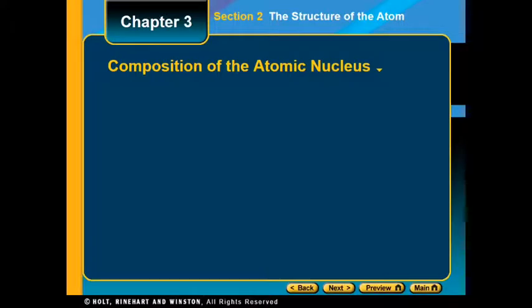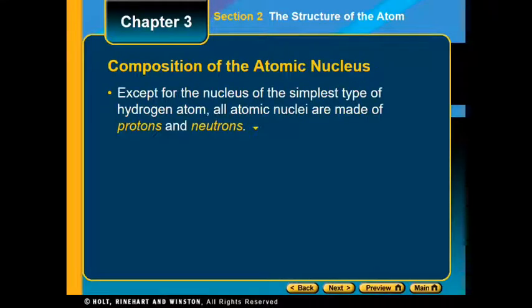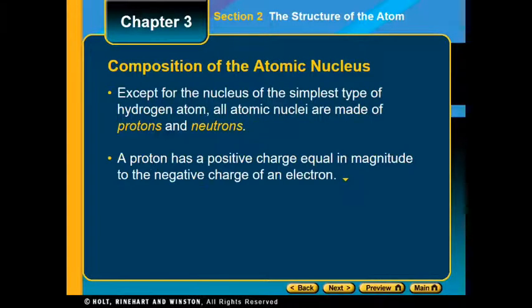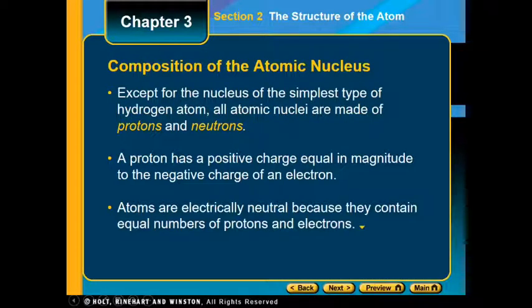So let's look at the composition of the nucleus. It says, except for the nucleus of the smallest type, which is a hydrogen atom only having just the one proton, all atomic nuclei are made of protons and neutrons. And we've already talked about the protons and the neutrons. Protons do have a positive charge. Their charge is equal in magnitude to the electron, but they're opposite charge.